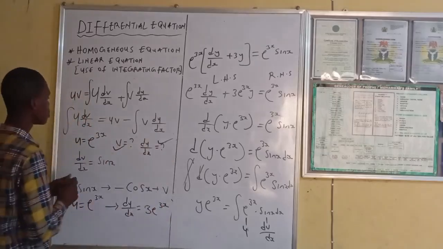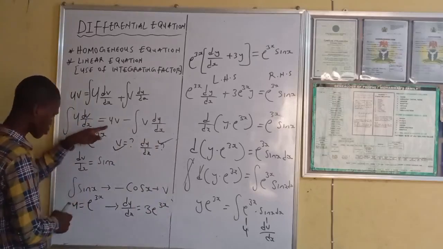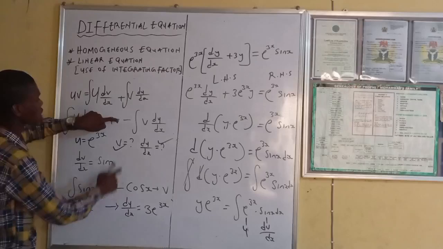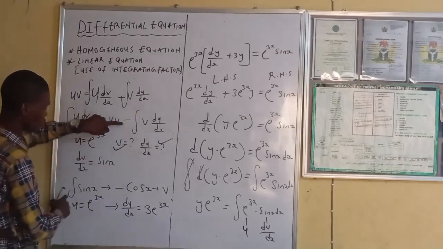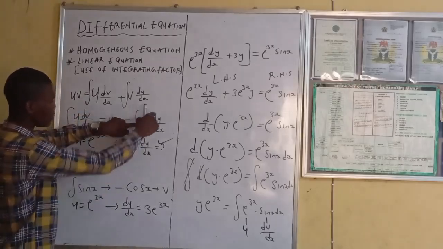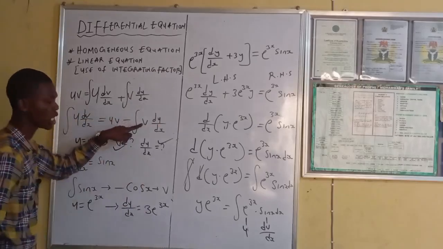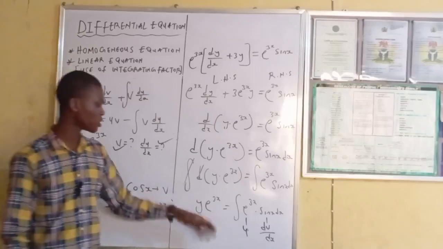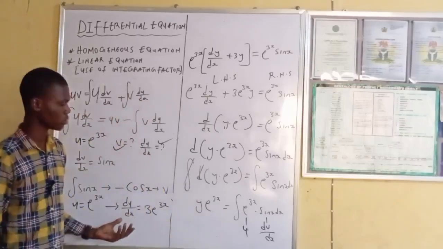Then you can substitute the value of u, substitute the value of v, which is minus cos x, minus integral, substitute the value of v, then du over dx, 3 exponential 3x. You can see how it works from differentiation to integration.